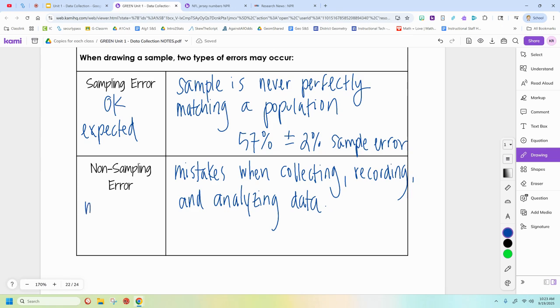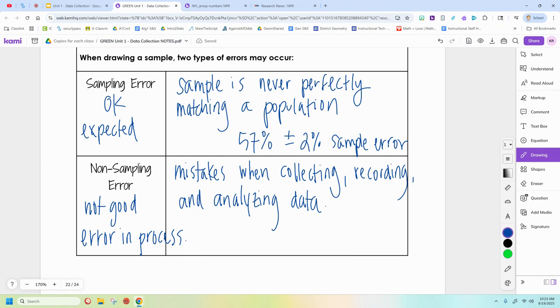So this is not good. So it's an error in process, and it affects your results, and it could cause your results to be tossed out the window, right? So when somebody makes a mistake in like the double blind thing, that's such a serious mistake that it could ruin the whole entire experiment.